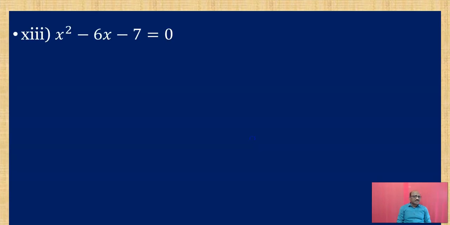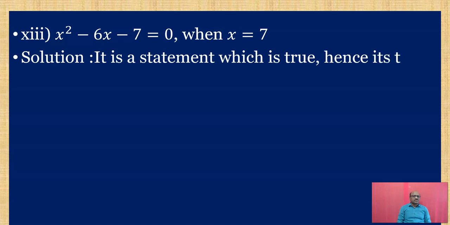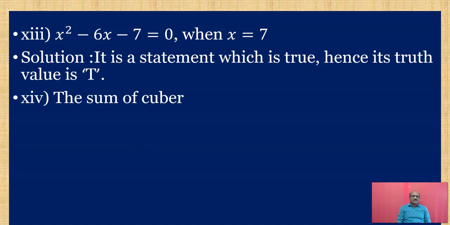Next is x square minus 6x minus 7 is equal to 0 when x is equal to 7. It is a statement which is true, and hence its truth value is T. If we substitute x equal to 7, then it equals the RHS, that is 0. Next is the sum of cube roots of unity is 0.